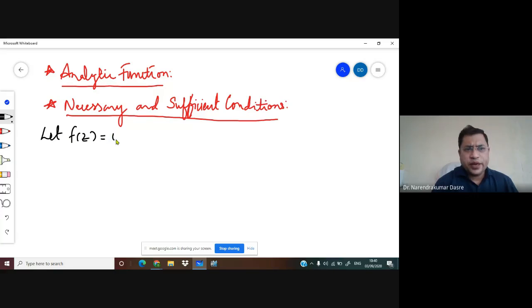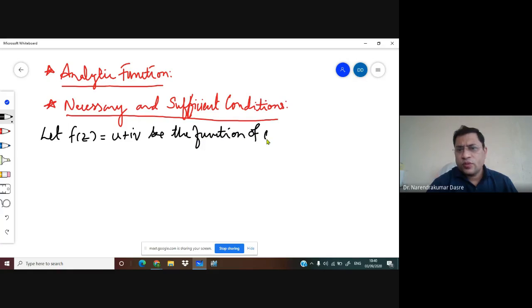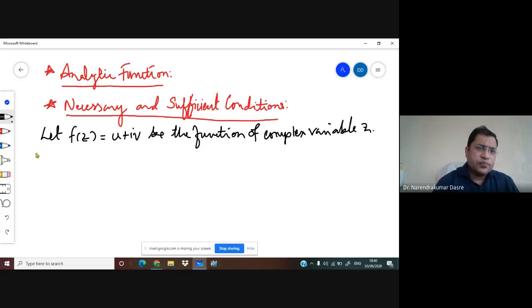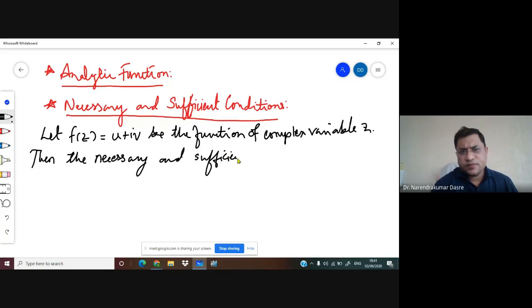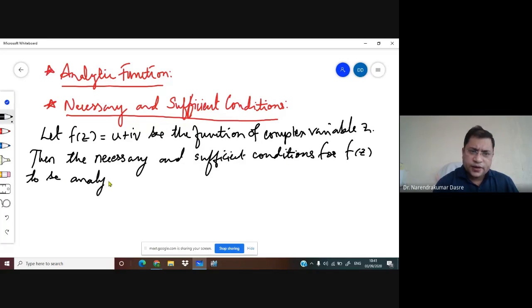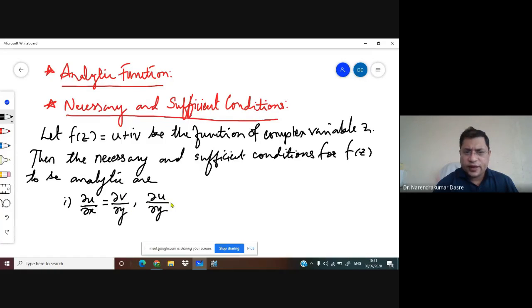Suppose f of z be the function of complex variable z, then the necessary and sufficient conditions for f of z to be analytic are, first, ∂u/∂x is equal to ∂v/∂y, and ∂u/∂y is equal to minus ∂v/∂x.